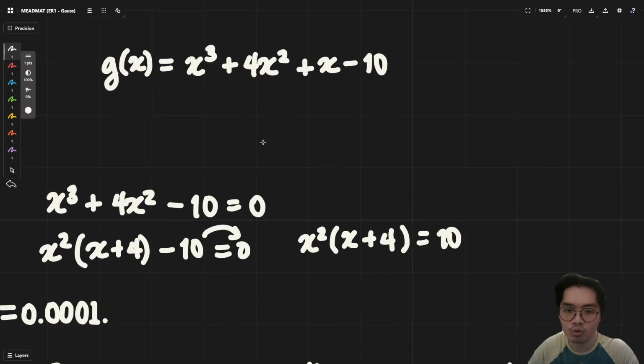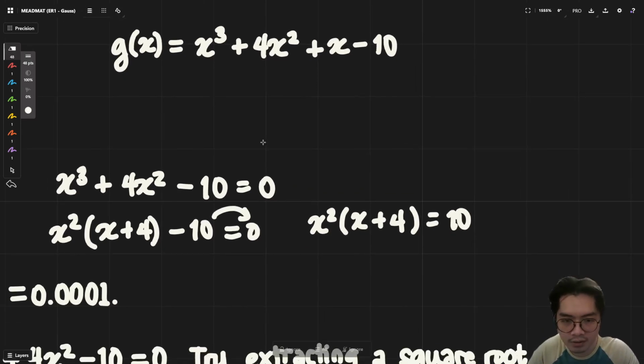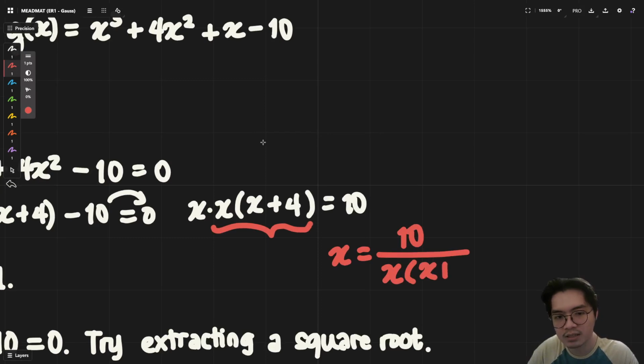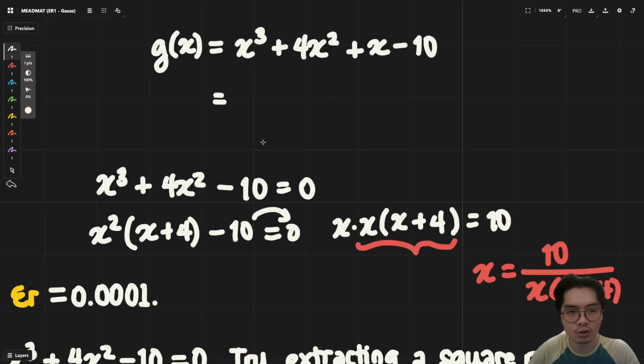And what I can do now is separate the two x's in here and then divide both sides by this. What you will have now is x is equal to 10 over x times x plus 4. That's something that you can do. So your g of x can also be equal to 10 all over x times x plus 4.